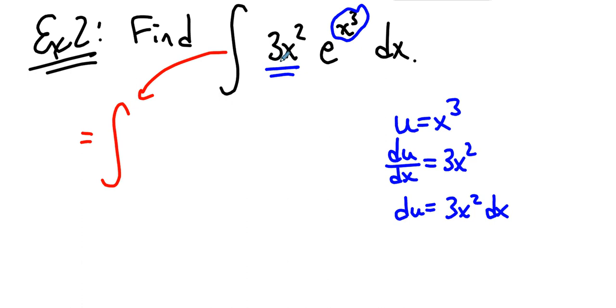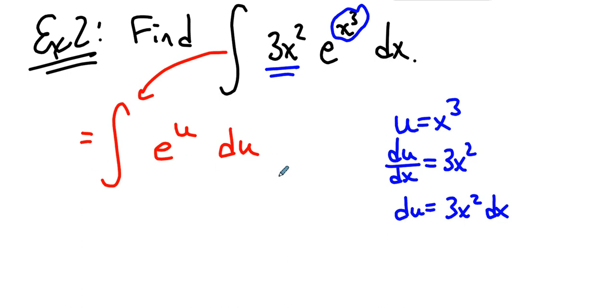Well, the 3x squared dx, that's du. E to the x cubed, well, x cubed is u. So we ask ourselves, has every vestige of our x been replaced? Yes, every vestige of our x now has u.